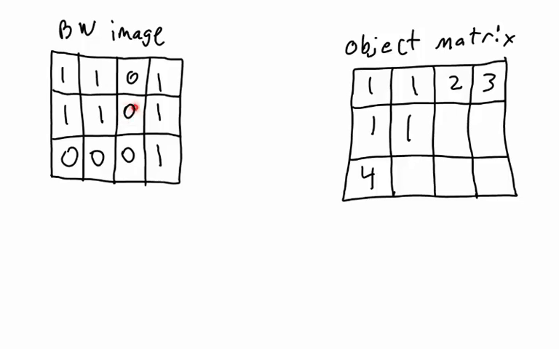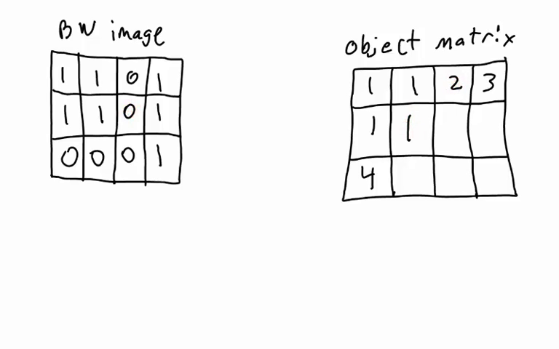Rule number 2 says that if the BW value here is the same as the BW value here and here, but the object matrix value is different, then we have to do something different. But here the BW value here is different than the value here, so rule 2 does not apply.